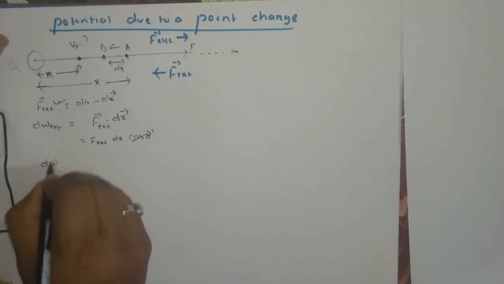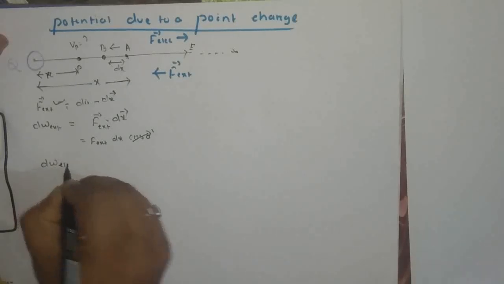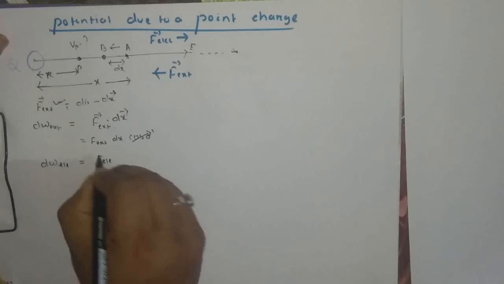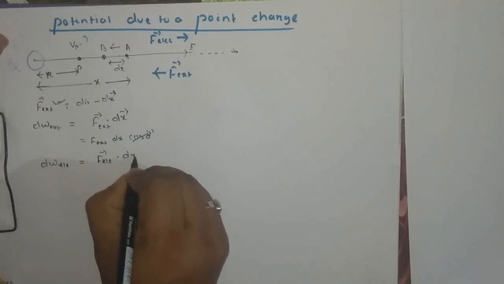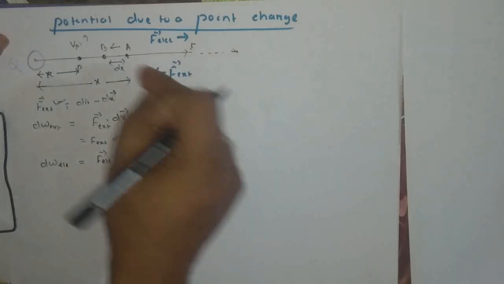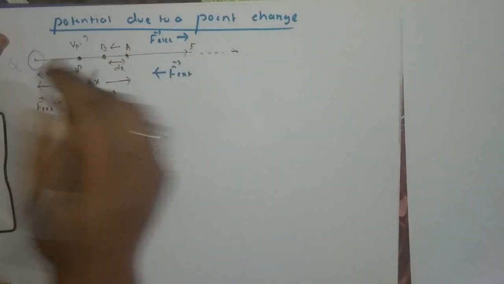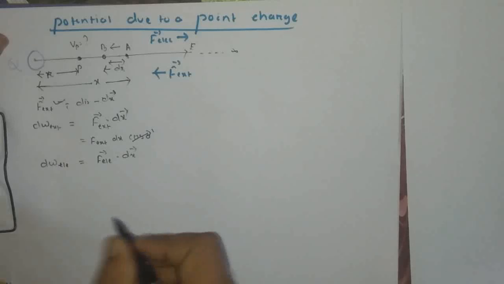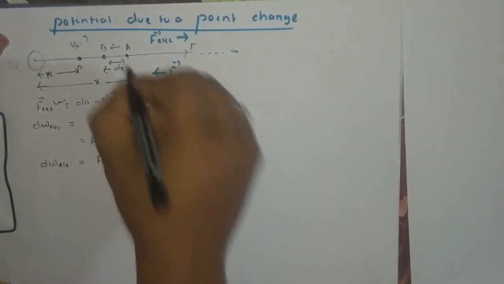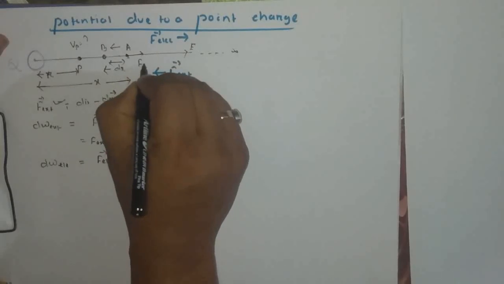I want to know what is the electric work done. In that case, electric force dot dx. But the electric force is towards left to right, and the displacement is towards right to left. That means the angle between them is 180 degrees.